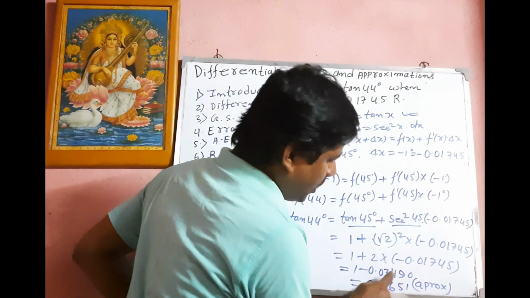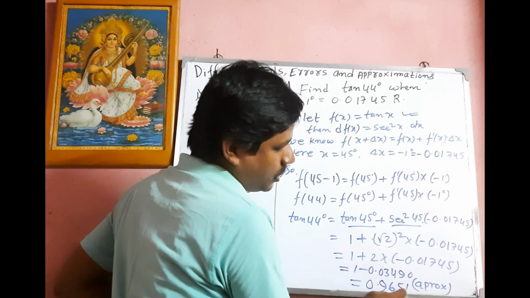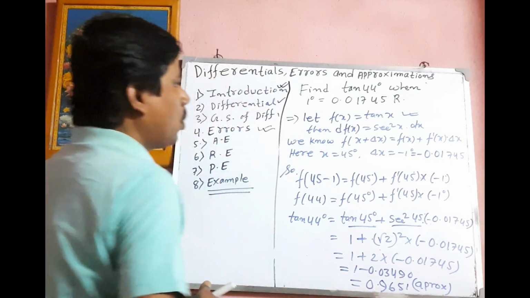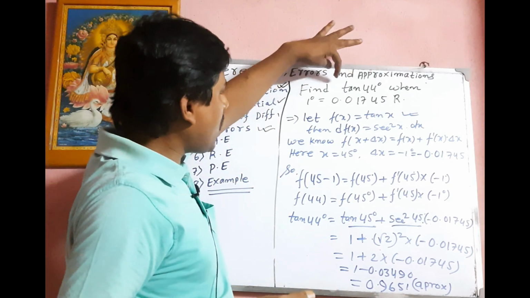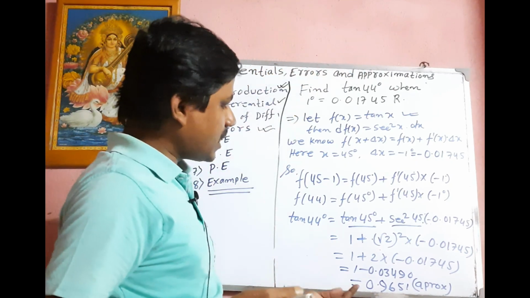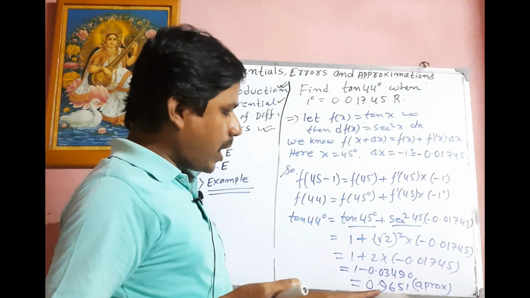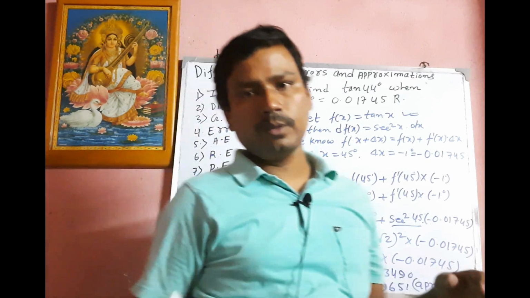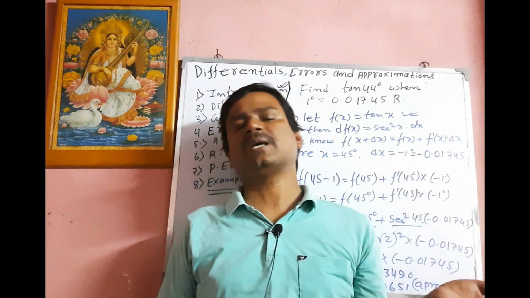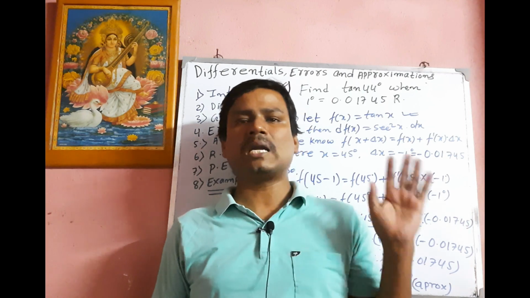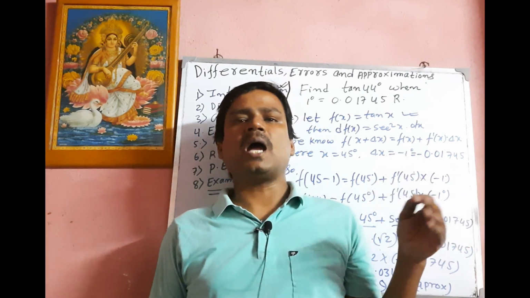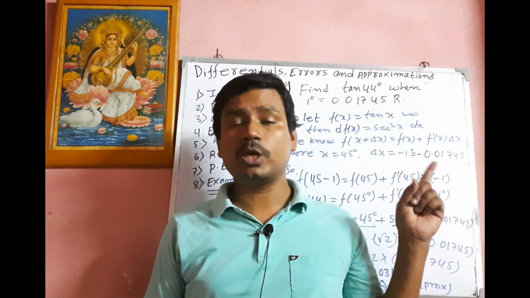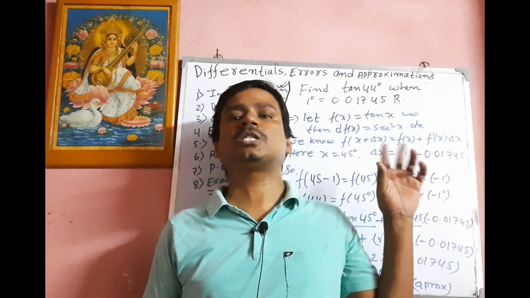After calculating this, we get the value of tan 44 degree, which is approximately 0.9651. Hope the given information and examples will help you to understand this chapter better, and when you practice this chapter, this video will help you to understand it better.